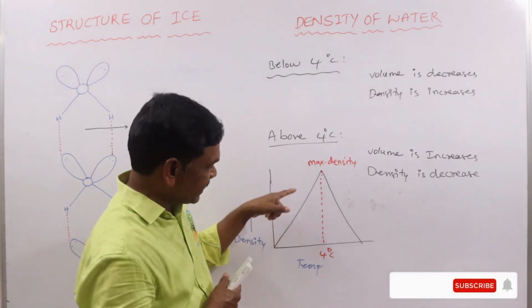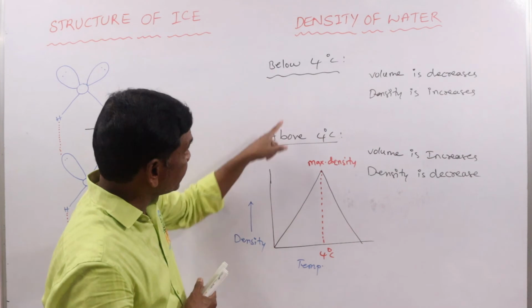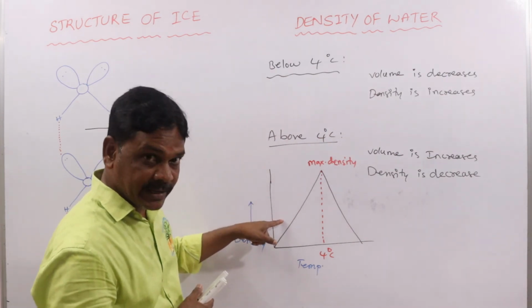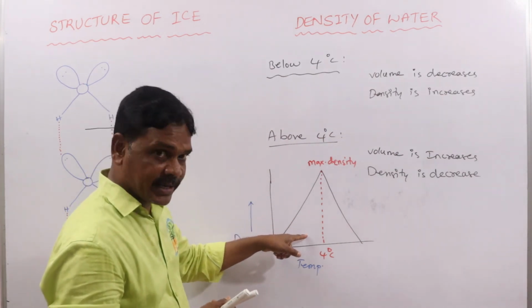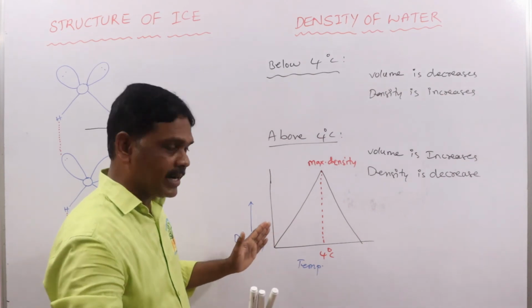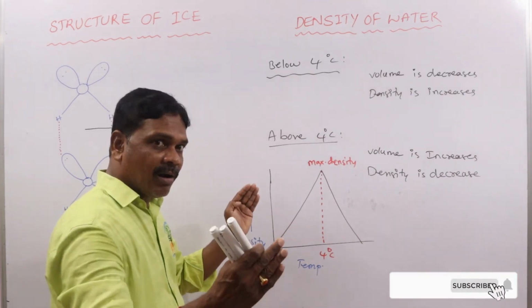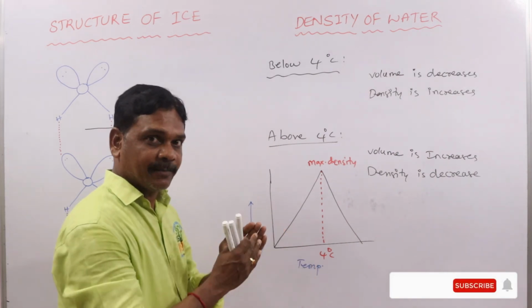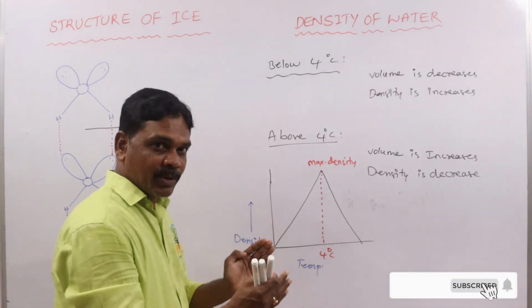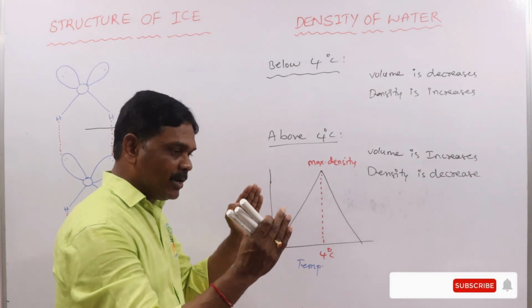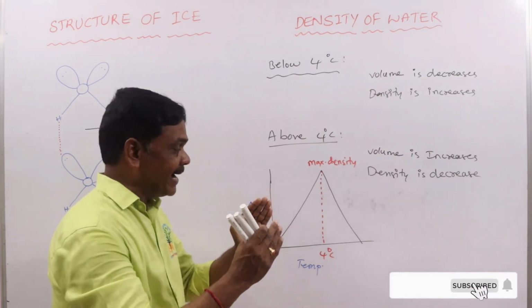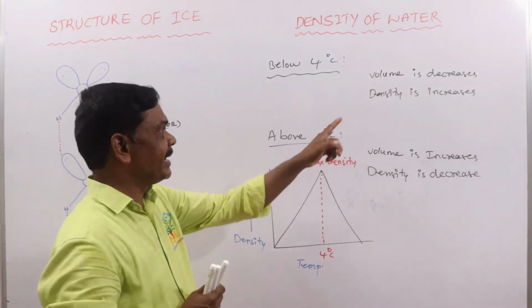For example, below 4 degrees centigrade, we are heating water, so all hydrogen bonds are breaking, so all water molecules come together. The volume of water is decreasing and the density of water is increasing.